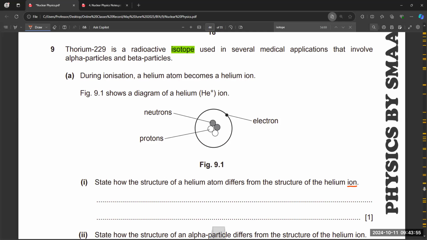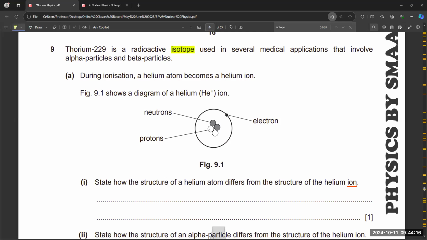Basically, the simple idea of an ion is like if we have one element or one atom, and the atom loses an electron, right? Losing an electron means losing negative charge. And there is one more important thing in ions.